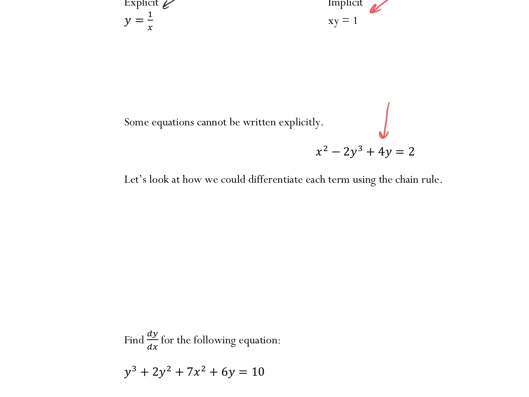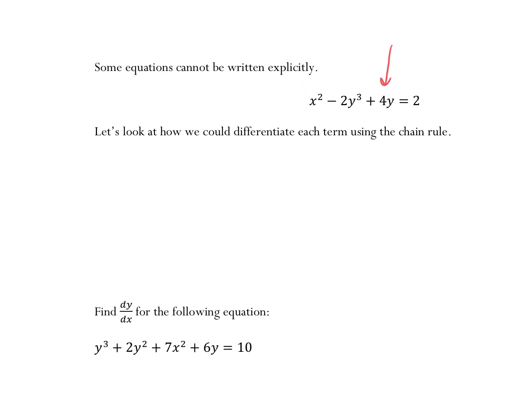All right. So the instructions for all of these equations will be find dy dx. If I gave you this equation, we have x squared minus 2y cubed. I'm just rewriting this in a color-coded way.